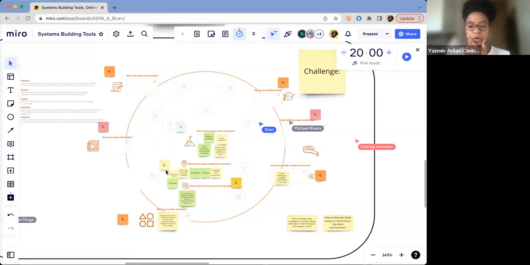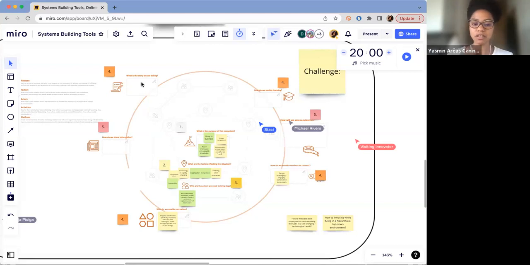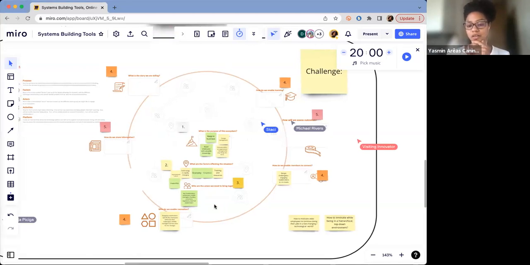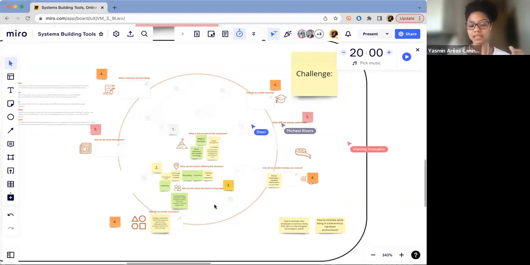So here we've identified number 4, the steps. Now that you've identified the challenge, what is the story that we're telling these people in order for them to come together and to make sure that it's a challenge that addresses all these elements?